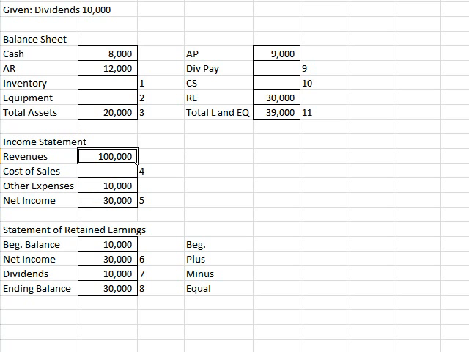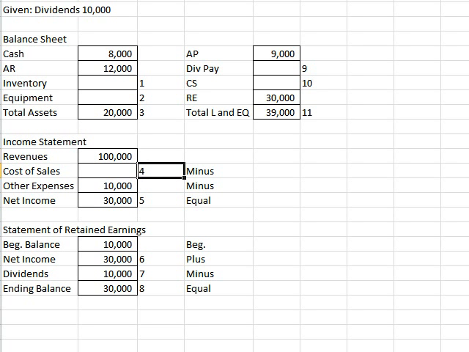Now I know that revenue minus cost of sales minus other expenses has to equal my net income. So I work this backwards. Net income plus expenses plus some number has to equal 100,000.